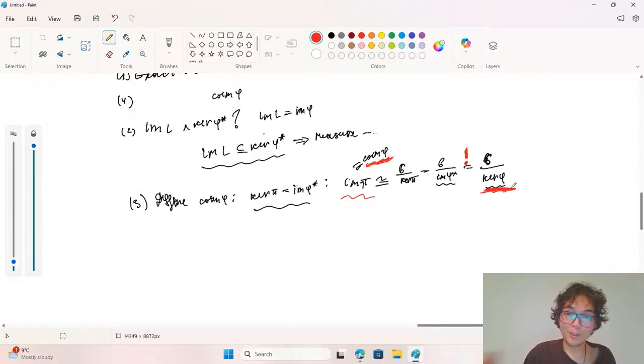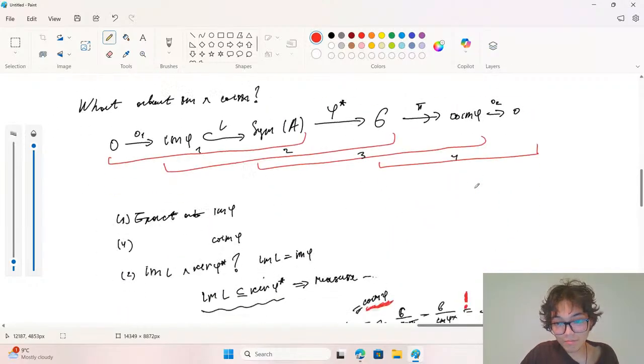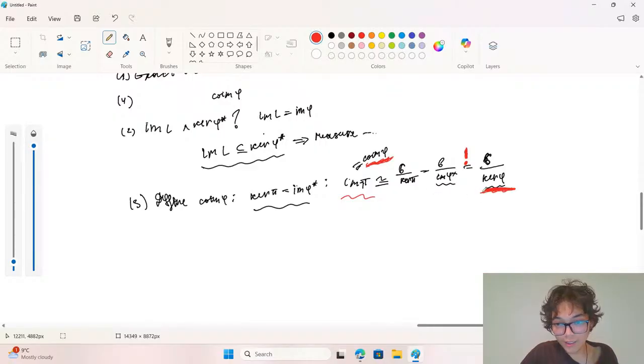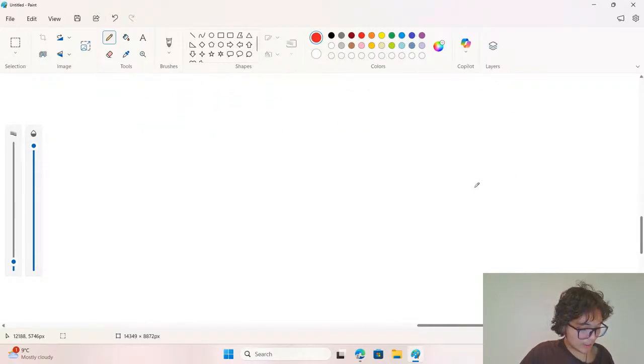I just checked what is co-image, and then I wanted to get G factorized by kernel phi by the definition that I saw in Wikipedia. And I got this. But here I need to be more careful. And let me explain what else I did here.